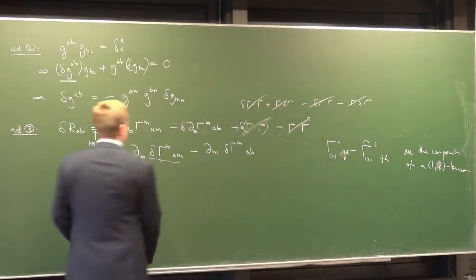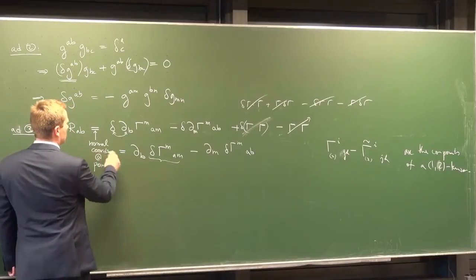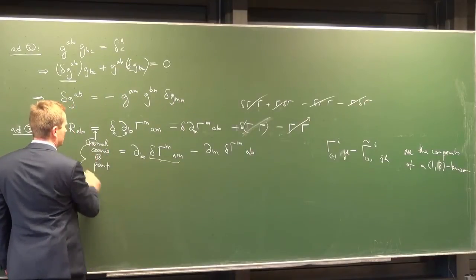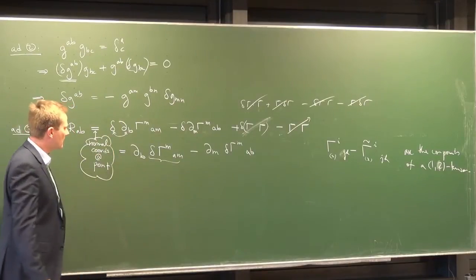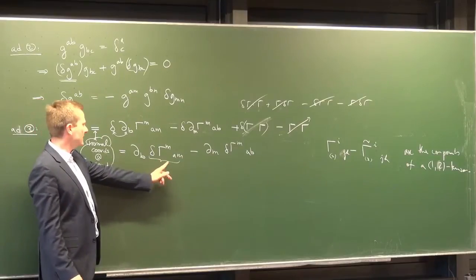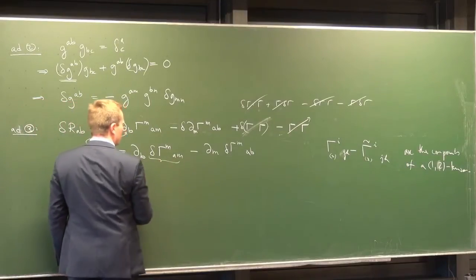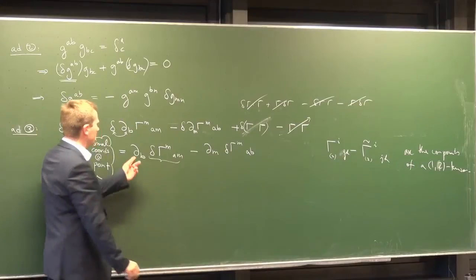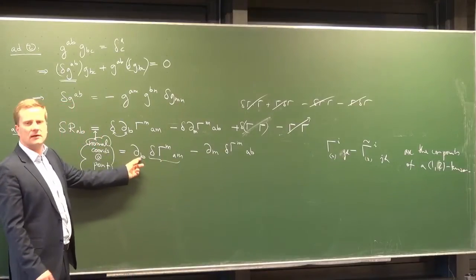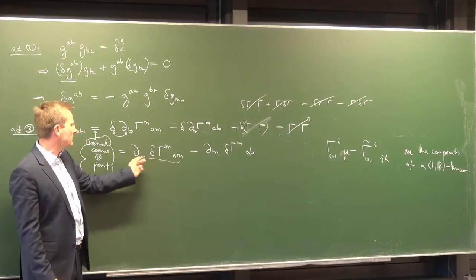Now this is important here, because we're still in normal coordinates. We've chosen them once and for all for this calculation. So if the difference here is a tensor, and this is a tensor, then in normal coordinates I have this del b, and you say, oh my god, I can't derive tensor components like this.